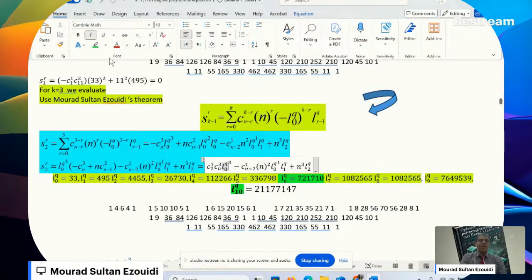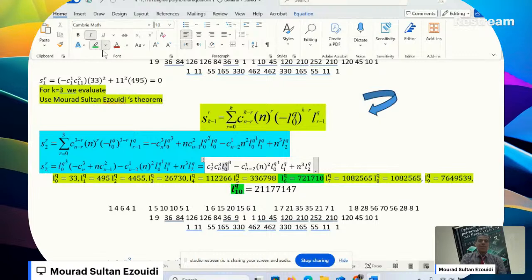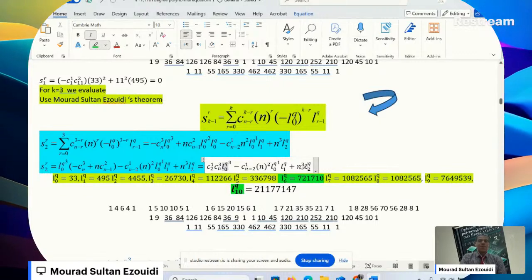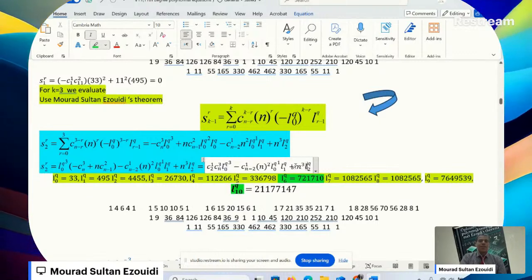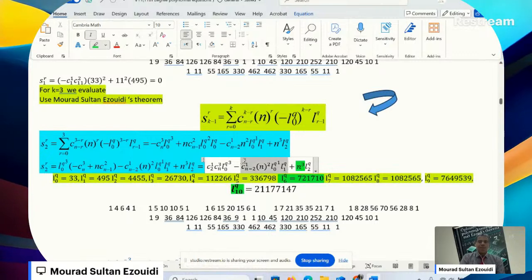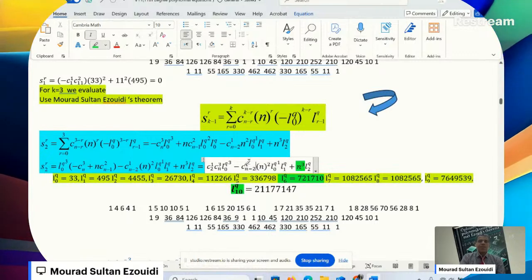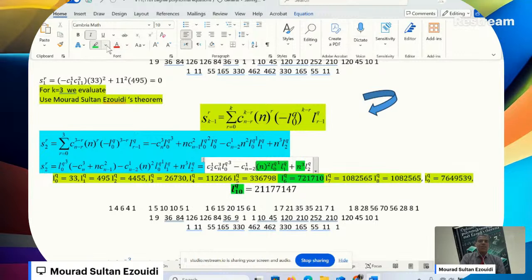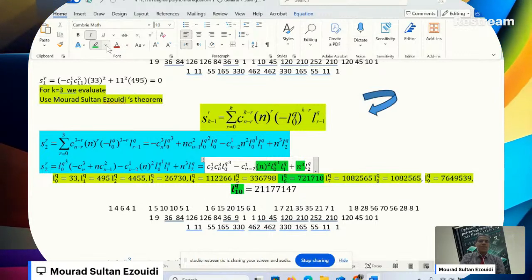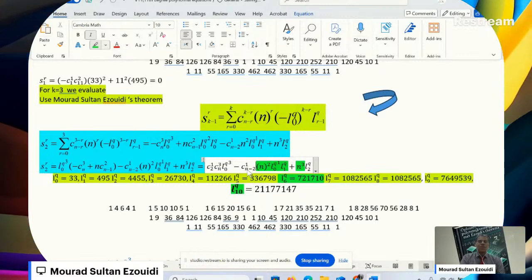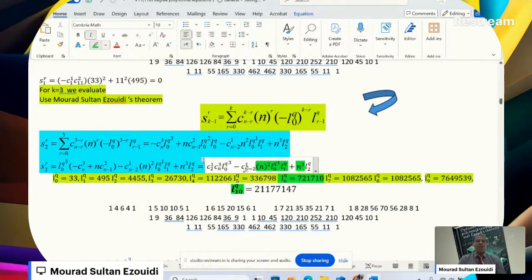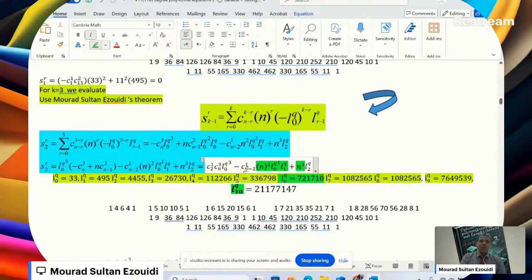This one, my kids, is the third coefficient of my 11-degree polynomial equation.